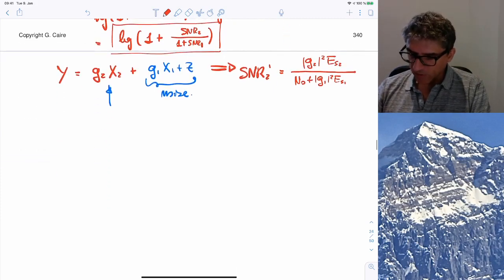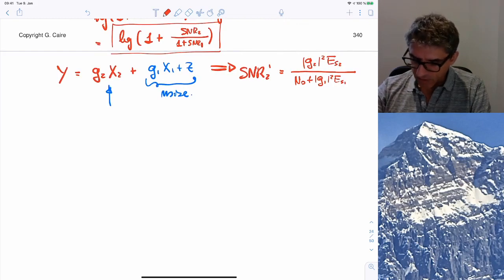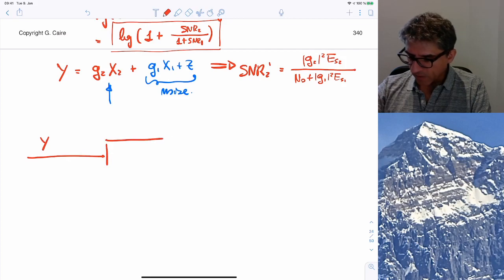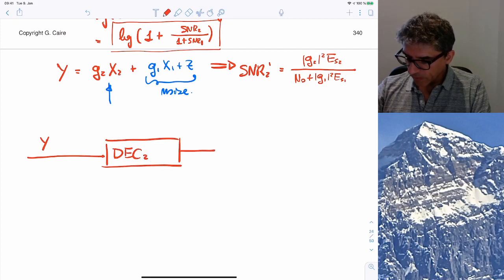So the structure of the successive interference cancellation receiver would be, first you get Y, you have a decoder for user 2, which outputs message M2 hat, then we re-encode this message.